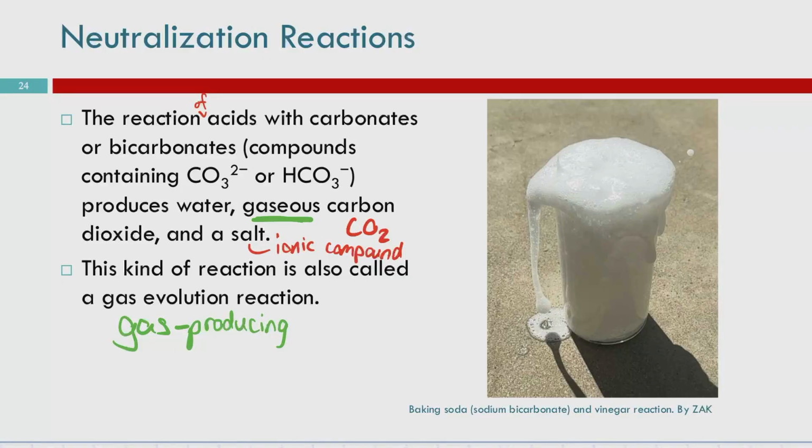If you're cooking and you've got an acidic component in whatever it is that you're baking, you might use sodium bicarbonate or baking soda in your recipe. It produces or can produce CO2 gas, and that acts as a leavening agent instead of yeast producing a gas.